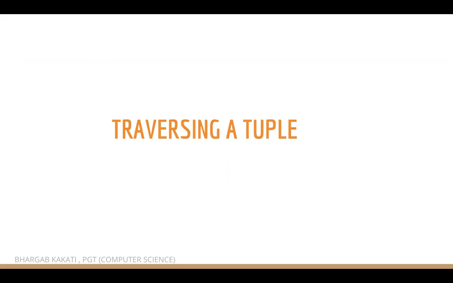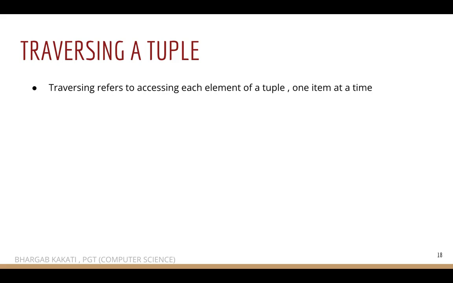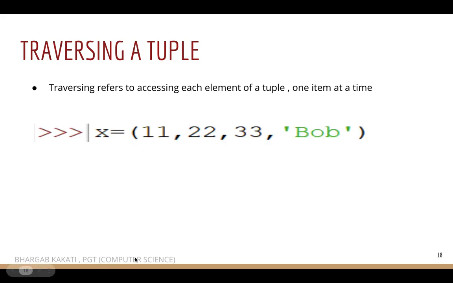Let's go to the next topic, that is traversing a tuple. Now what do we mean by traversing? Traversing means accessing each and every element of a tuple, one item at a time. So if I want to access each element of a tuple one by one, then that is known as traversing. Let's say I have a tuple x as follows: 11, 22, 33 and Bob.